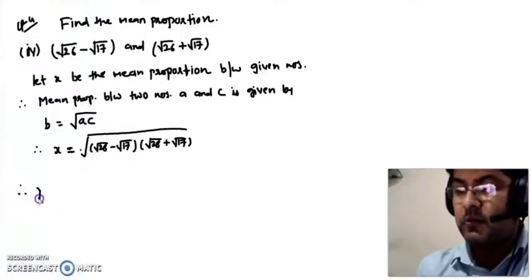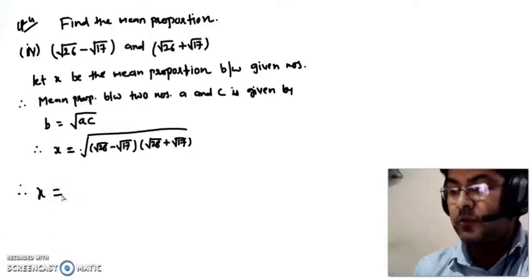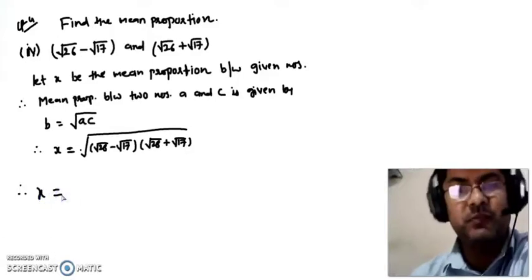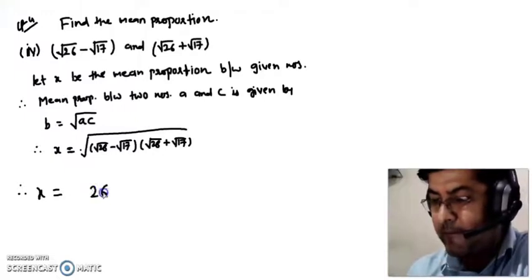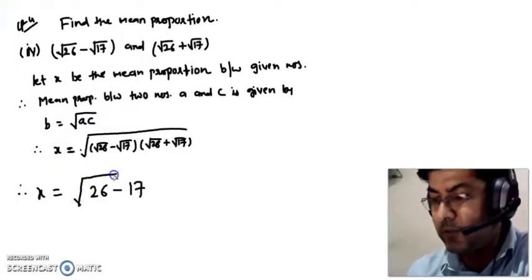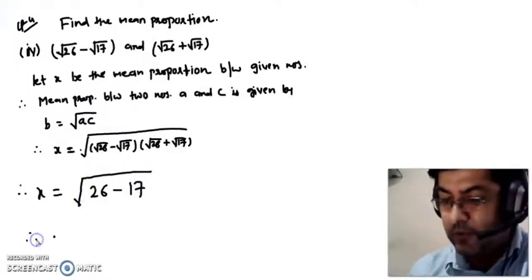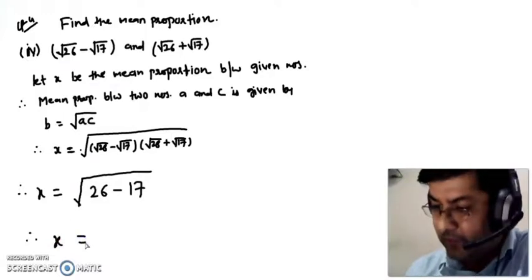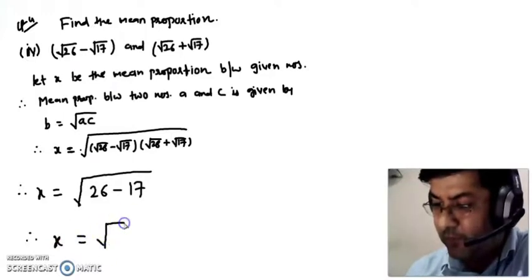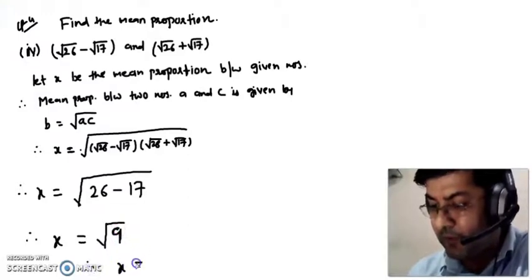Therefore x is equal to square root of 26 minus 17, so x is equal to square root of 9, and therefore x is equal to 3.